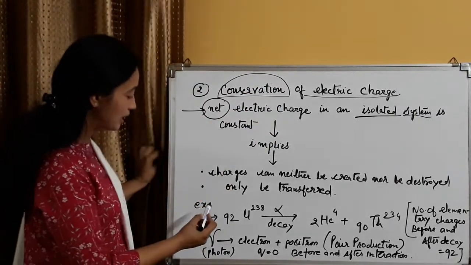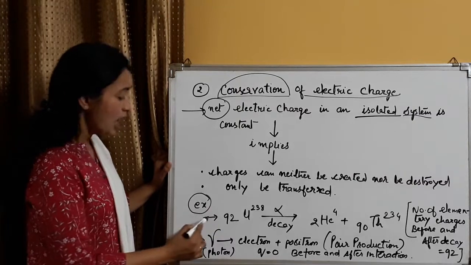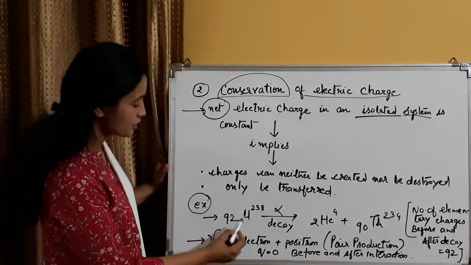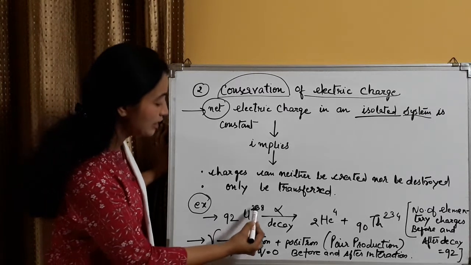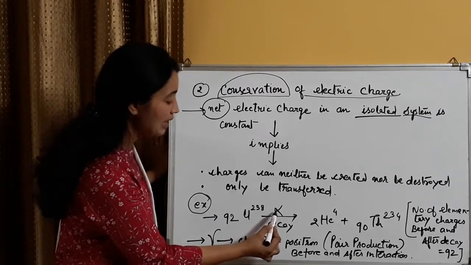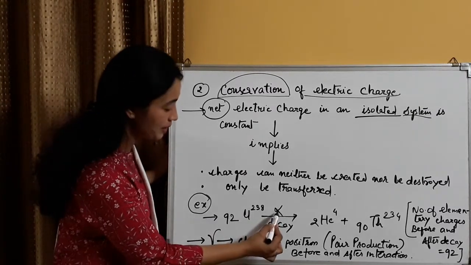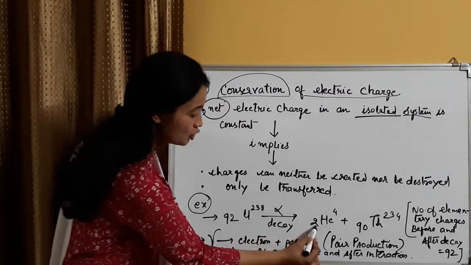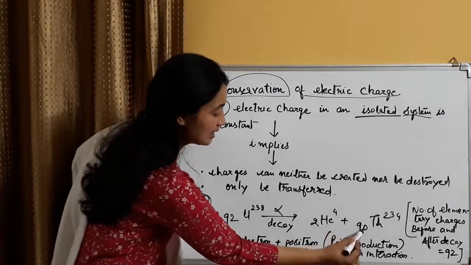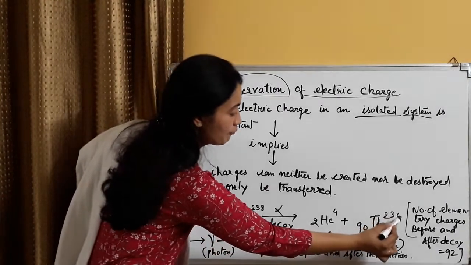Now let us look into an example. Our first example is of course a nuclear reaction where we have 92 uranium-238 undergoing alpha decay. This is alpha particle. So 92 uranium-238 undergoing alpha decay, 2 helium-4 plus 90 thorium-234.